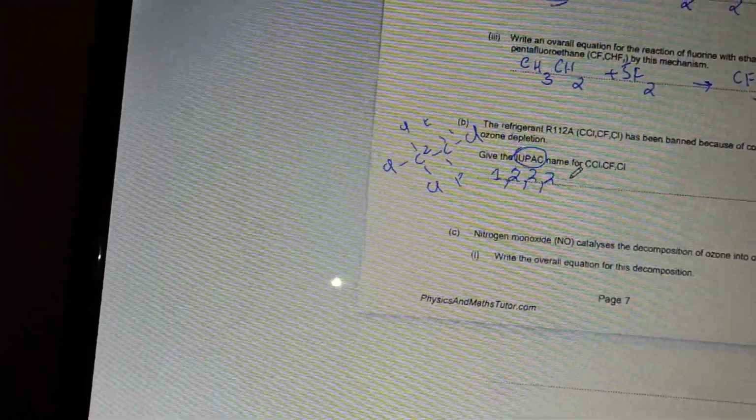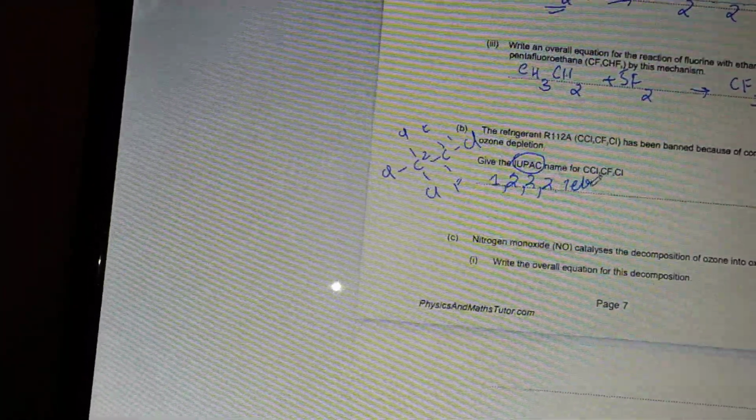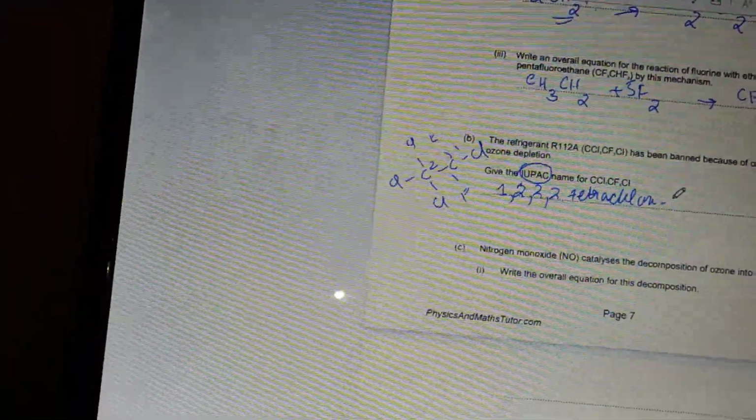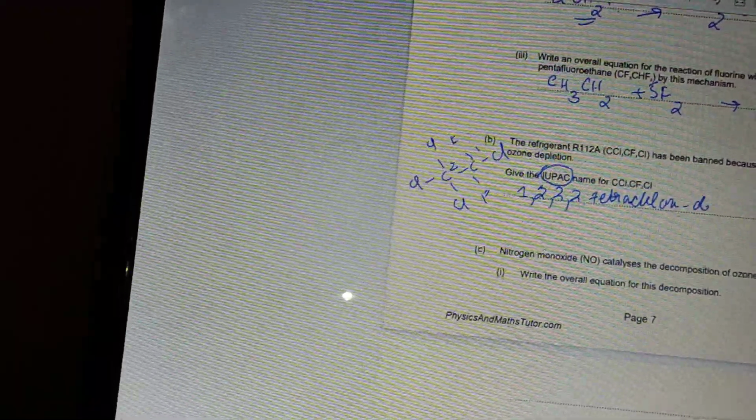So it will be 1, 2, 2, and then tetrachloro, you can say 1, 1 difluoro, or sorry, 2, 2.